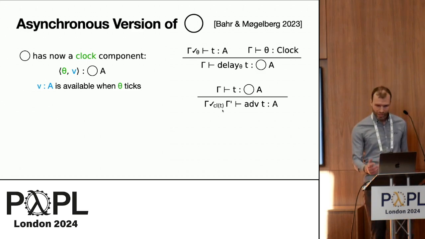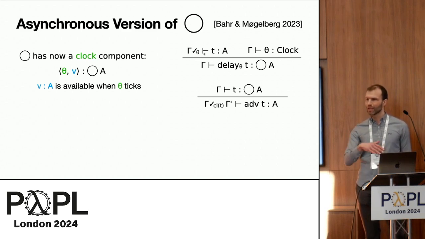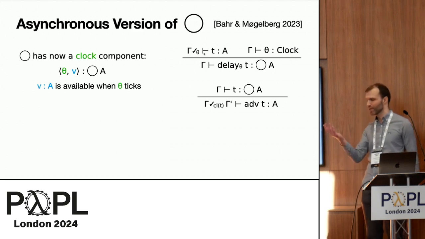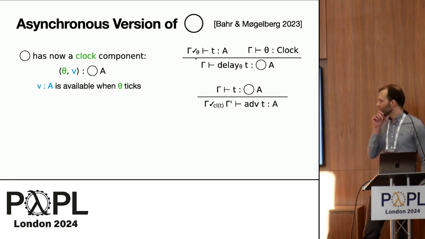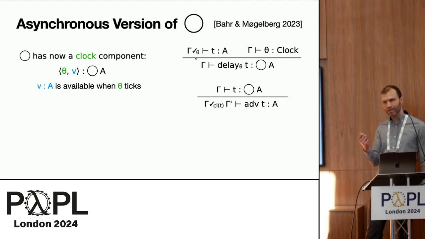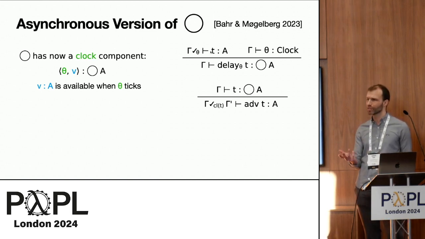Normally in the context we only have typing information about variables having a particular type, x has type A and so on. But now we also have this timing information. This tick of theta means that a single time step has passed on this particular clock theta, and so this is a sort of evidence that this time has passed. And t can now use this information.